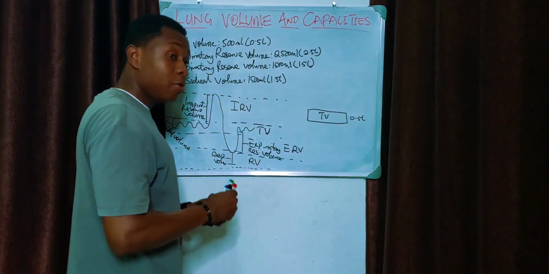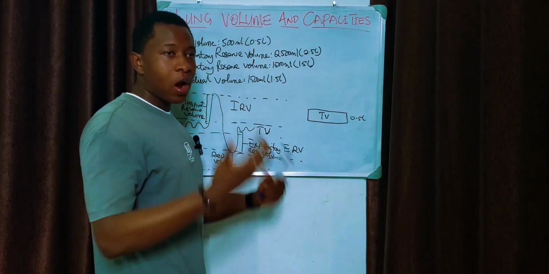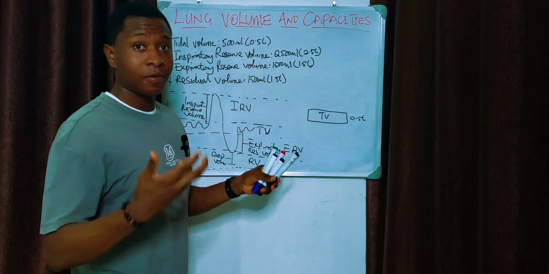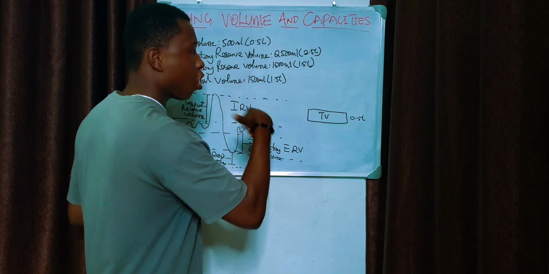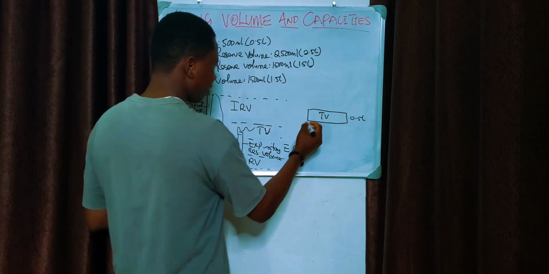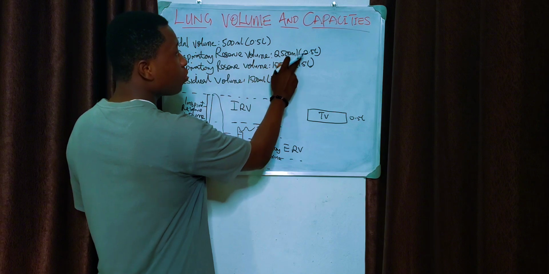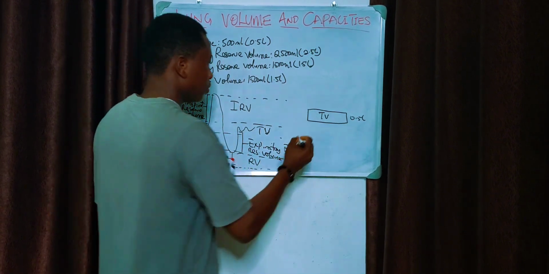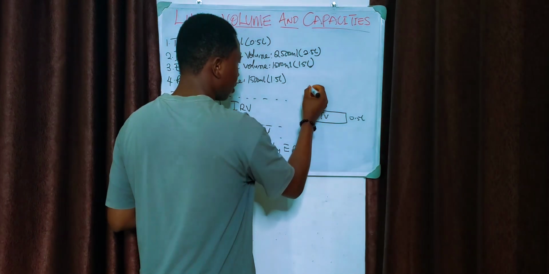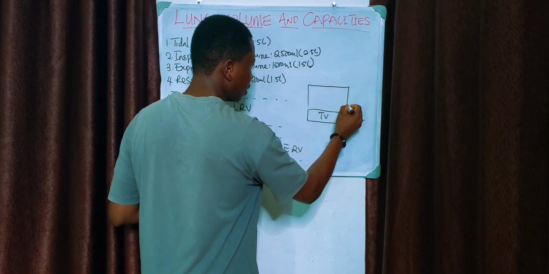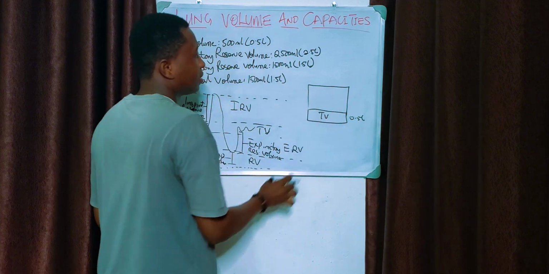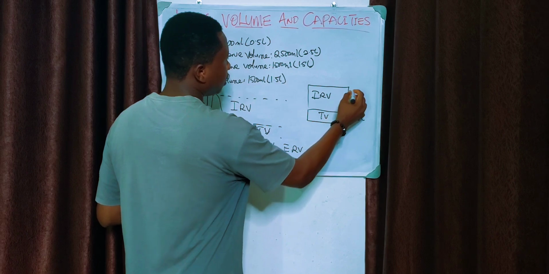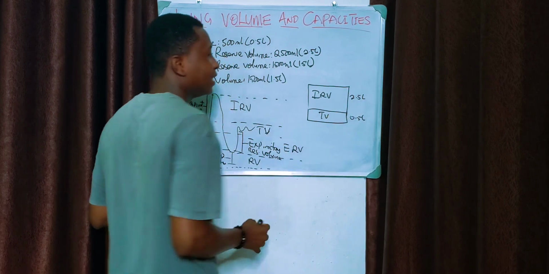Now, when you inhale, you are putting more air on the tidal volume. The next that comes is inspiratory reserve volume, which will be on top of the tidal volume. Now, it is 2.5 liters. That means it's going to be way more than the tidal volume. So you have this large part, and you can label that inspiratory reserve volume, which is 2.5 liters.